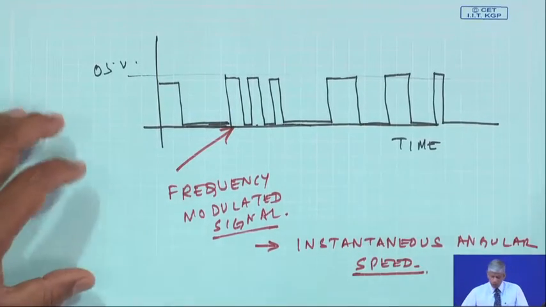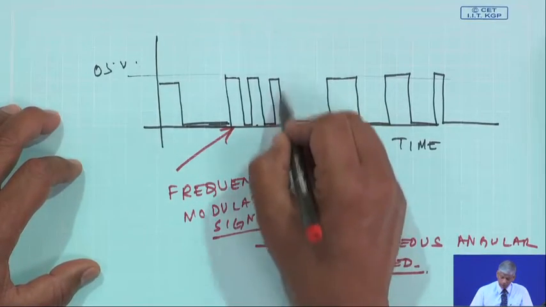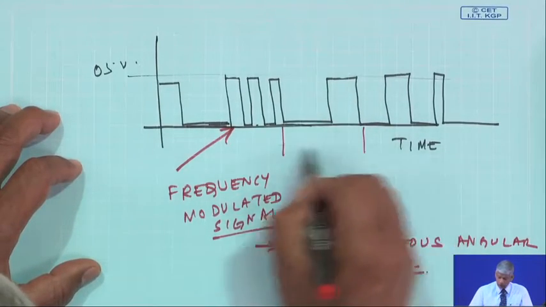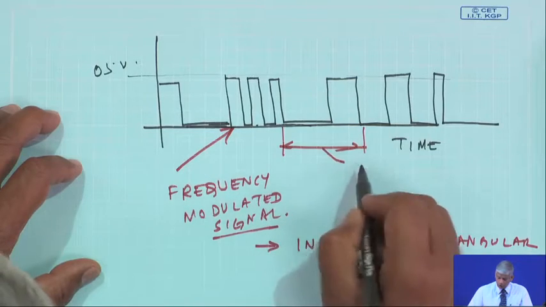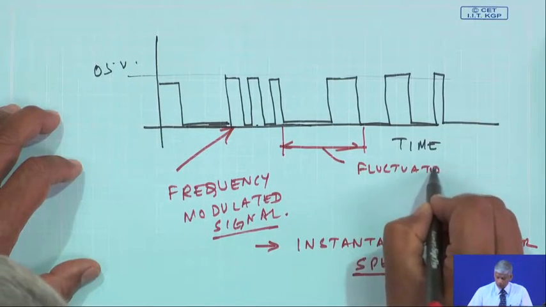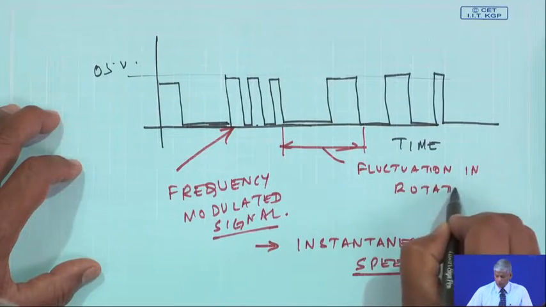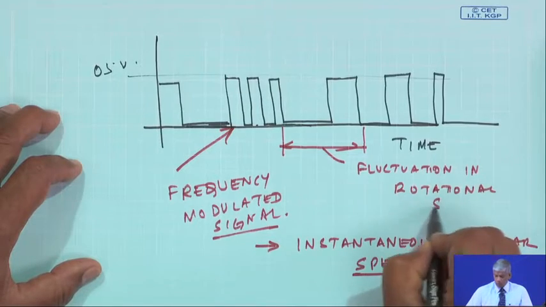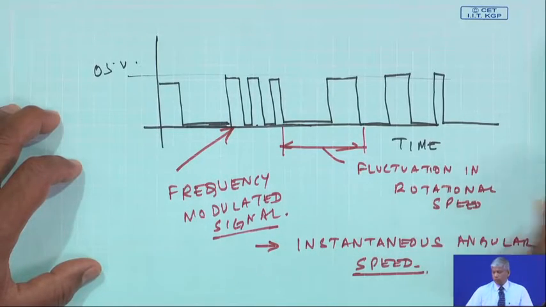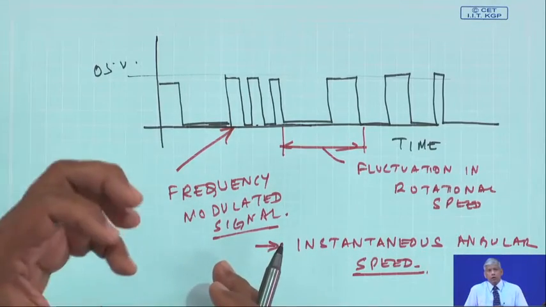Okay. Excuse me. Now, the question is why this time changed. So, there is a fluctuation in the rotational speed. So, today the state of the art is people use optical encoders.